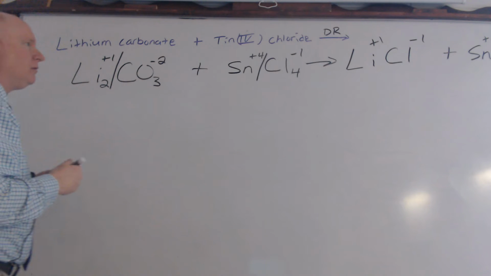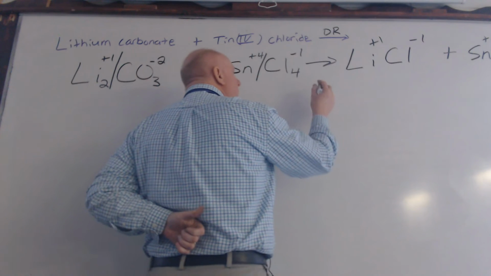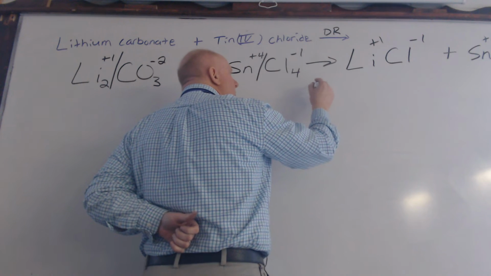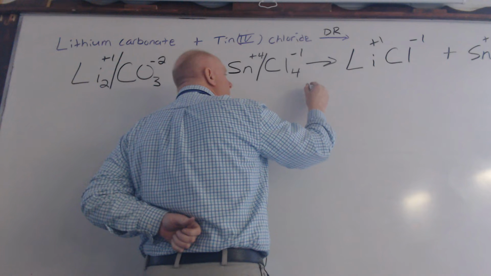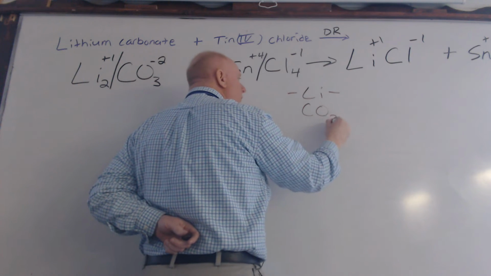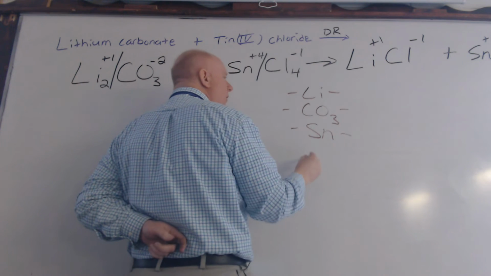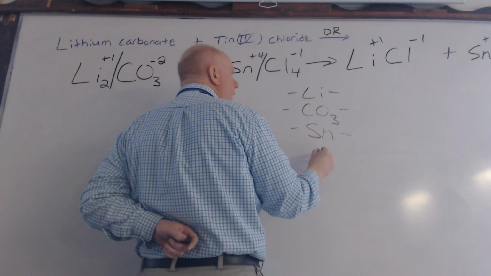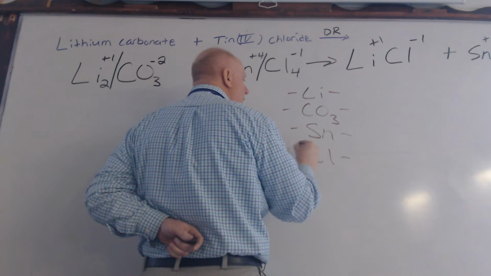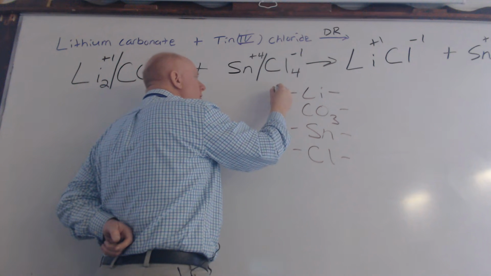Okay, now you've got this equation up here. What's the next thing you should probably do? Okay, so give me some elements then. And what else? Okay, lithium's left. 2.